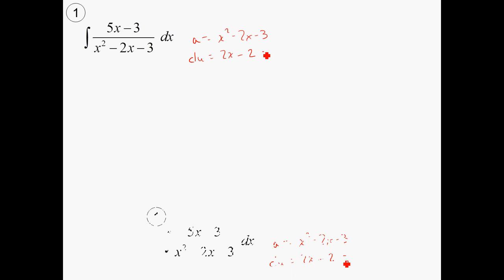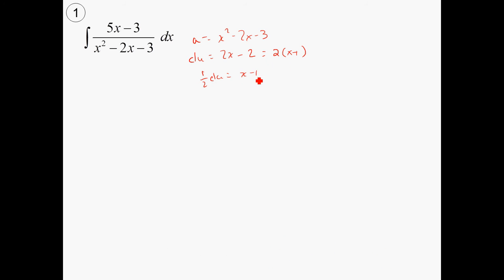Oh, I can factor that, right? That's 2 times x minus 1, so 1/2 du is equal to x minus 1. So I'm just going to make this to the first, and then somehow I've got to take 5x minus 3.